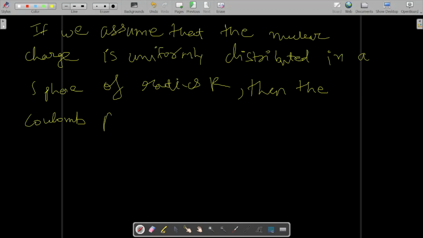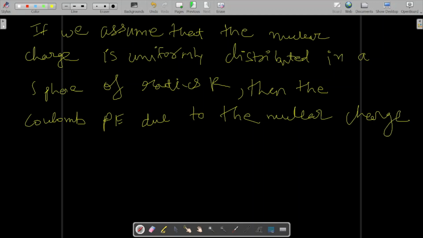the Coulomb potential energy due to the nuclear charge is given as follows.